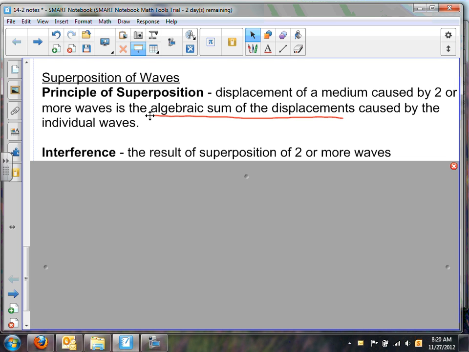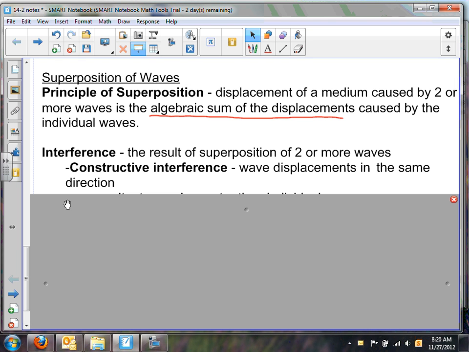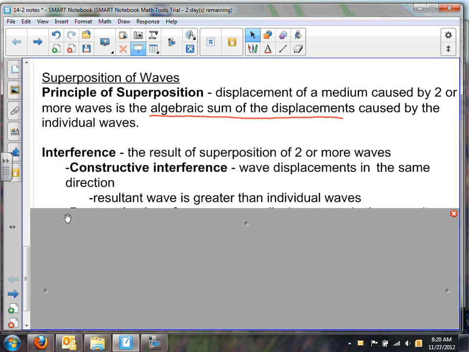Usually we think of it as a bad thing, but constructive interference is simply when wave displacements are in the same direction. And this will result in a resultant wave that's greater than an individual wave's. I'll draw some examples in a second.